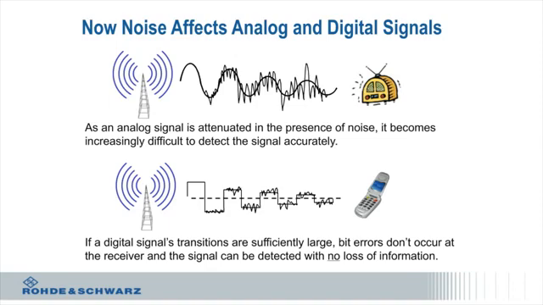Then there's noise from other things out there, people's cell phones, people's garage door openers. So when we design a system, particularly on the receive side, we need to be aware of this noise, and we need to make sure that we can respond to our desired signals in the presence of noise. And you'll see as a signal is attenuated, i.e.